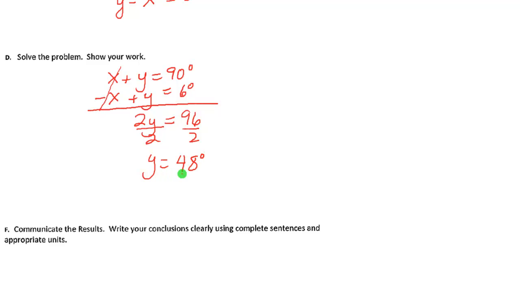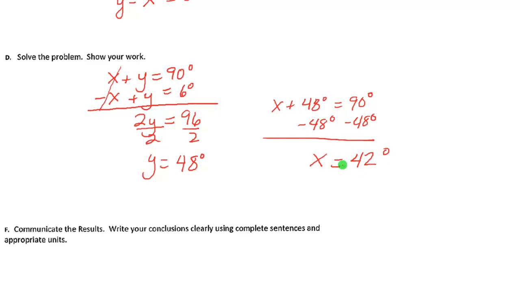So that's one angle. And then the other angle, well, we know that x plus 48 degrees equals 90, right? Because we know that the two angles add up to 90. So let's subtract the 48 from the 90 degrees, and that's going to give us the other angle.